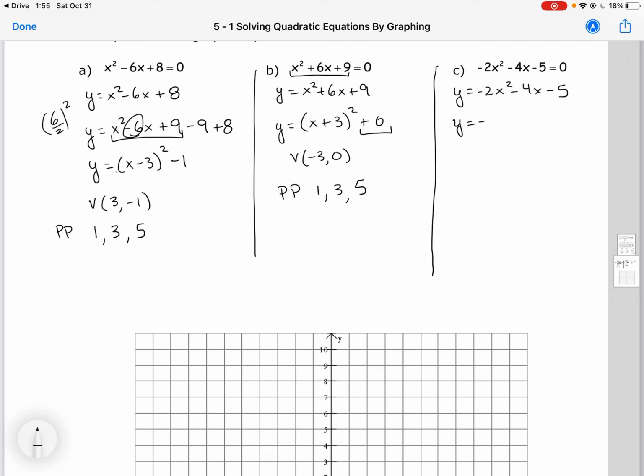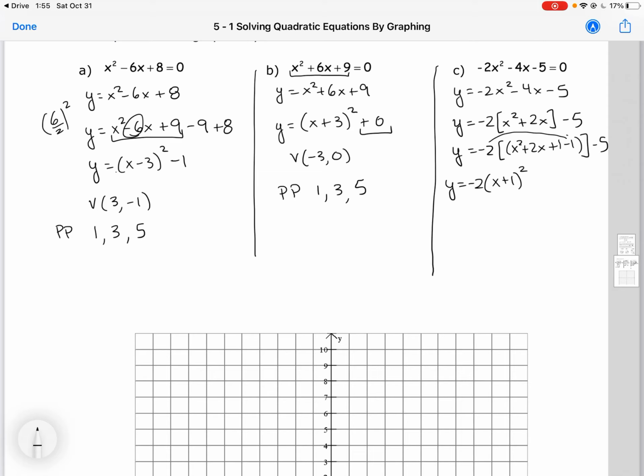Then I'm going to complete the square. First thing that I have to do is factor out minus 2 from my first 2 terms. Then I need my b value, so I'm going to divide by 2 and square it. So plus 1, minus 5. My first 3 terms I can factor as a perfect square.